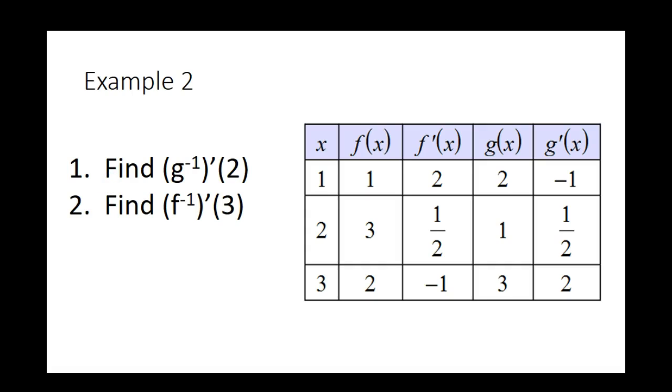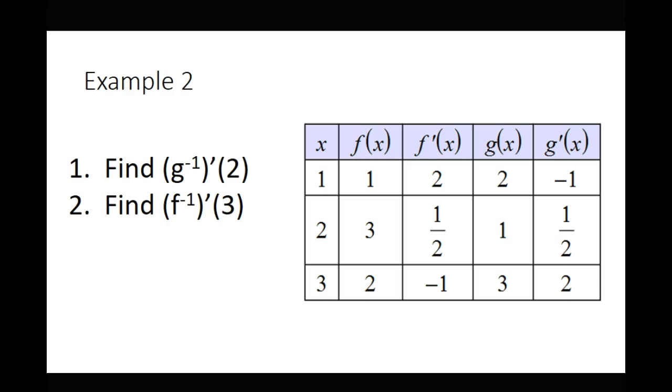So find example 2. First of all, I want you guys to know how to do this. Just as a quick review, suppose I asked you guys to find for me g inverse of 2. Well, inverses are confusing, so let's think of it as its opposite function, the original one.